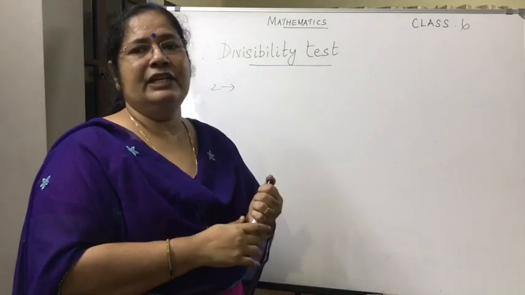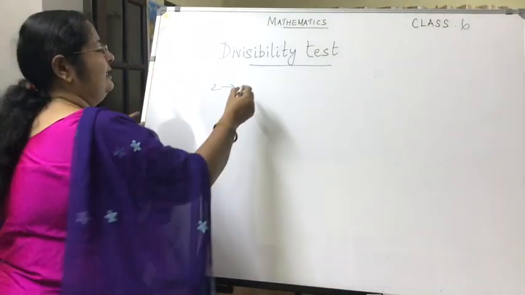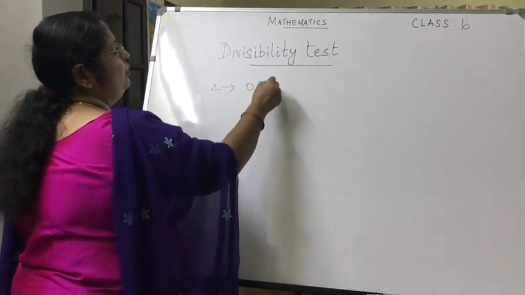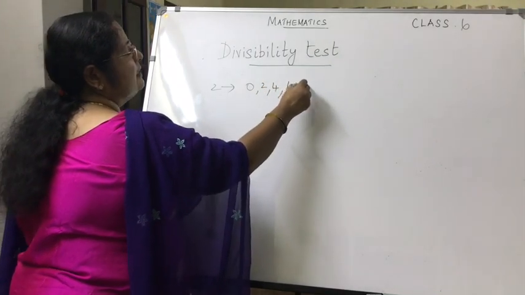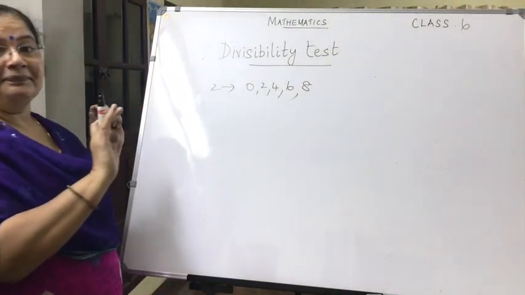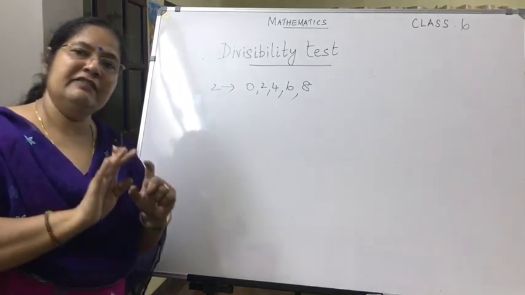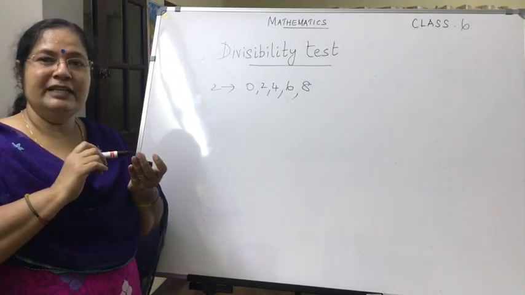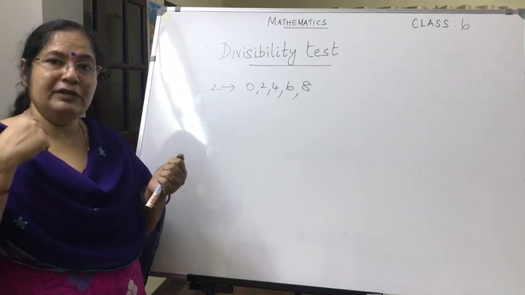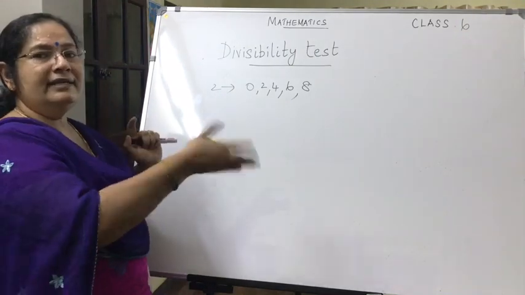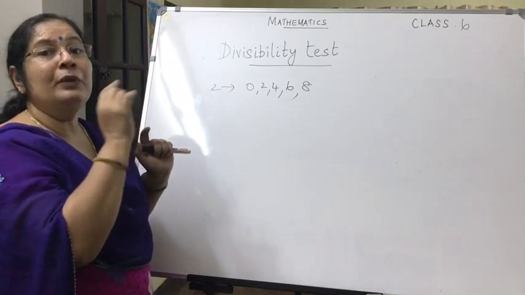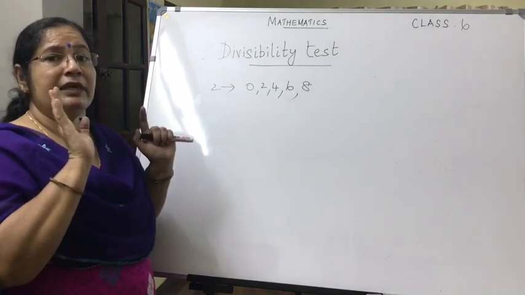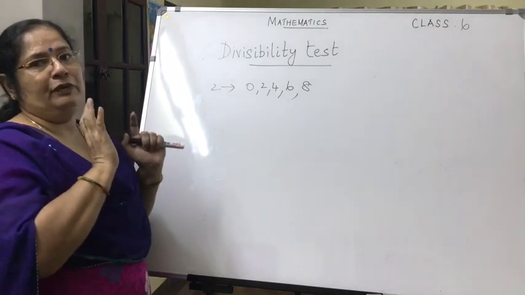If the digit in units place is 0, 2, 4, 6 or 8, then the number will be divisible by 2. So what is the test for divisibility by 2? You will only see the digit on the units place.